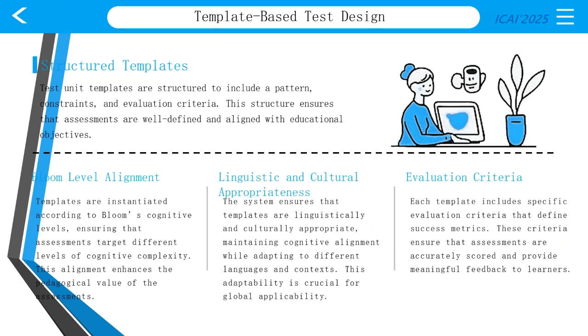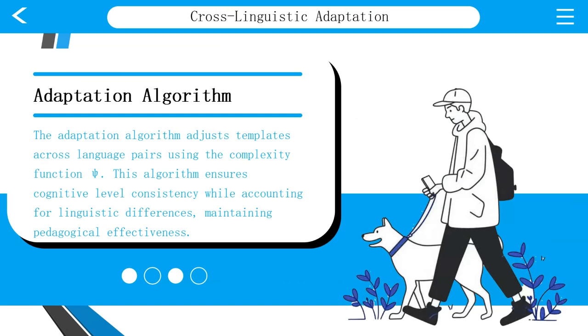These criteria ensure that assessments are accurately scored and provide meaningful feedback to learners. Moreover, we have this adaptation algorithm which adjusts templates across language pairs using the complexity function. This algorithm ensures cognitive level consistency while accounting for linguistic differences and maintains pedagogical effectiveness.